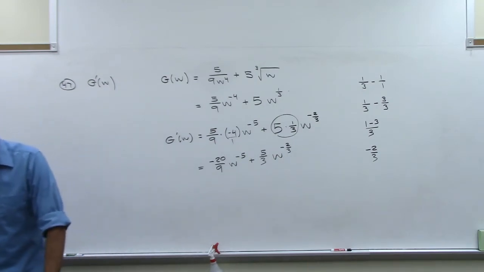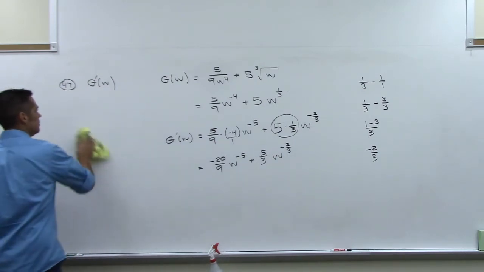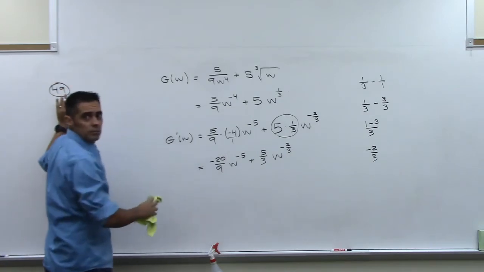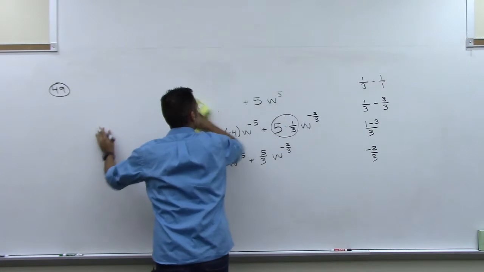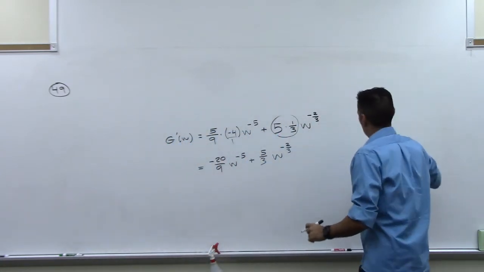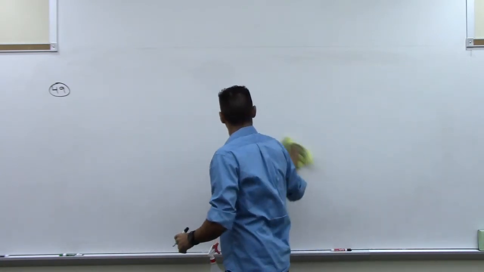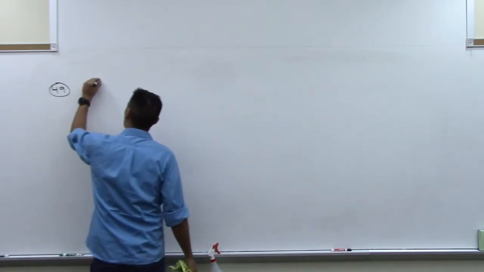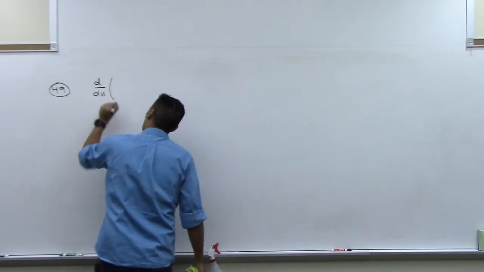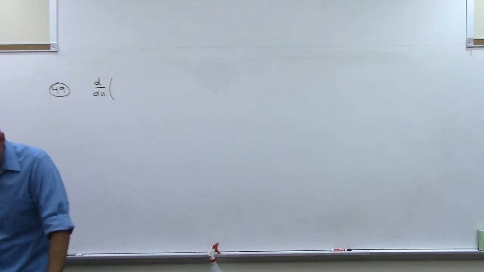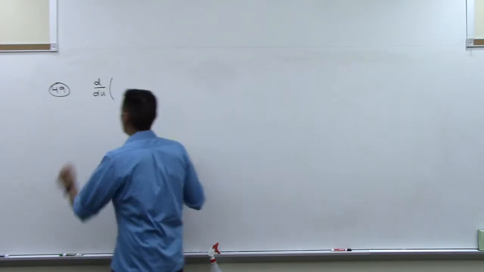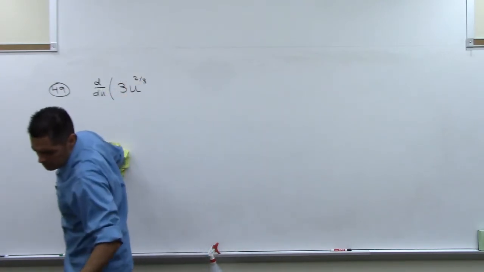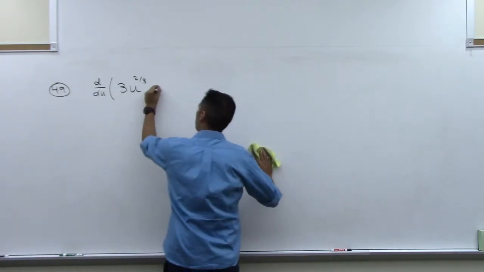All right, 49. d du, so the derivative, treating u as our variable, of 3u to the 2/3 minus 5u to the 1/3.